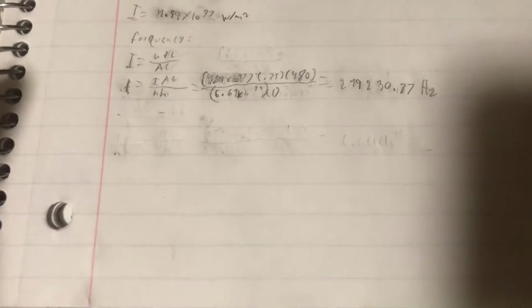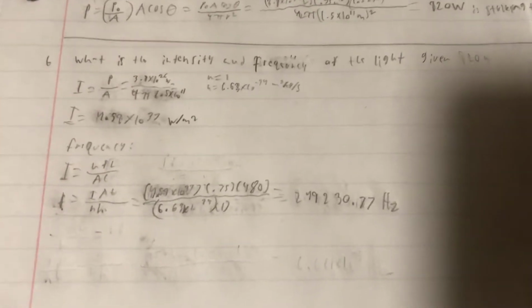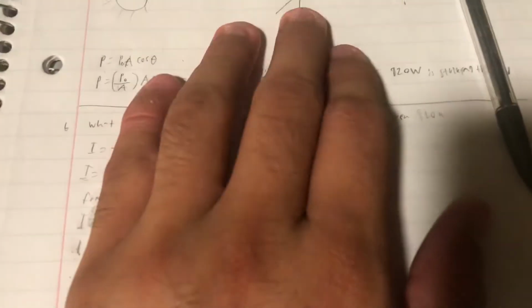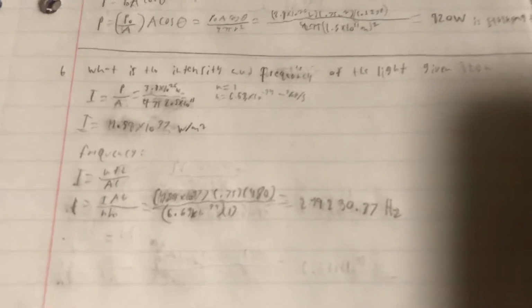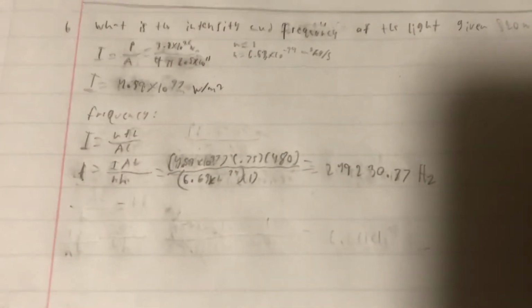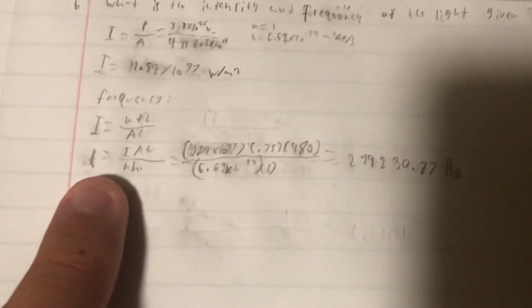Since it takes about 8 minutes for one photon of light to go all the way from the sun to the earth, I converted that to seconds, which is around 480 seconds, which might be different in real life depending on a few different things.